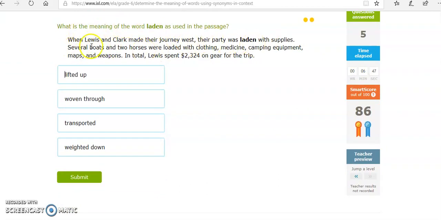We said several boats and 2 horses were loaded with clothing. So what does laden with supplies mean? Lifted up, woven through, transported, or weighted down. So when Lewis and Clark made their journey west, their party wasn't lifted up, wasn't woven through, wasn't transport. Let's try weighted down with supplies.